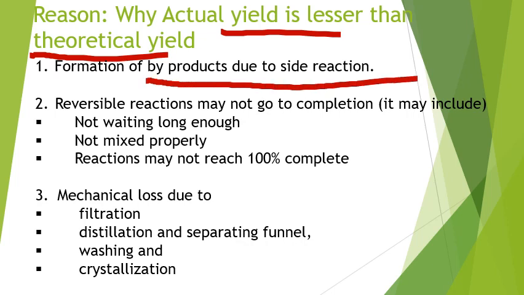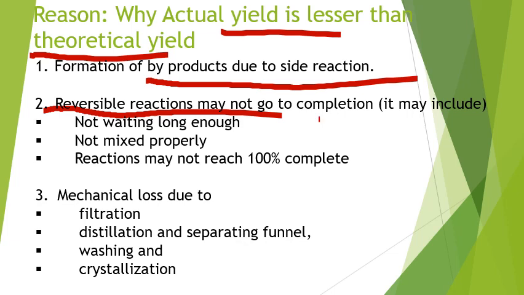There are side reactions. Not only is the synthesis of ammonia going on, but some other byproducts are also given out, so the quantity is being affected. Now the second one is maybe the reaction is reversible. For example, the N2 plus H2 reaction is a reversible reaction. A reversible reaction is shown by a double-headed arrow.